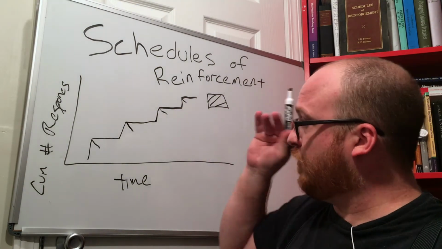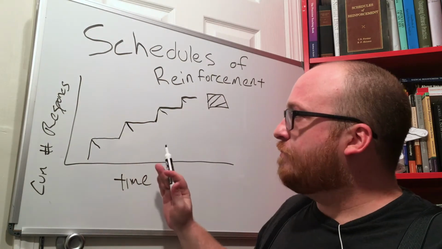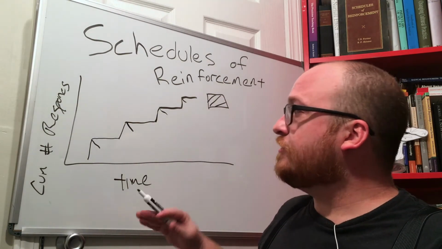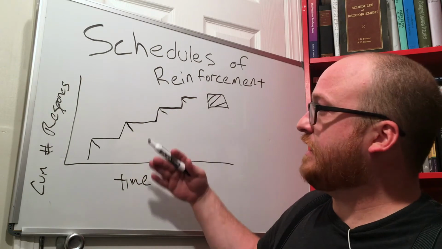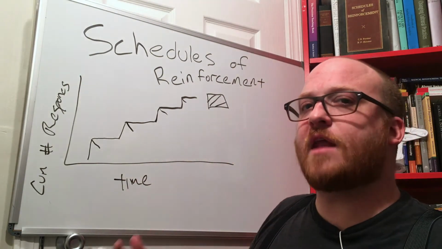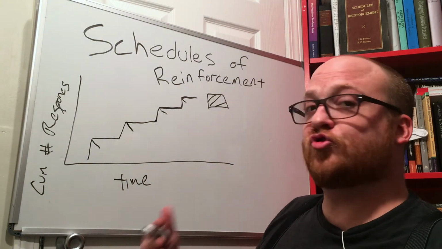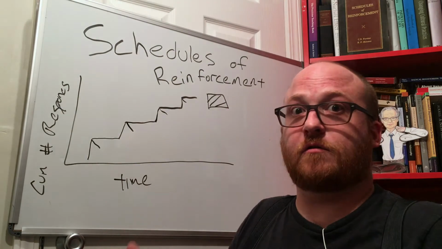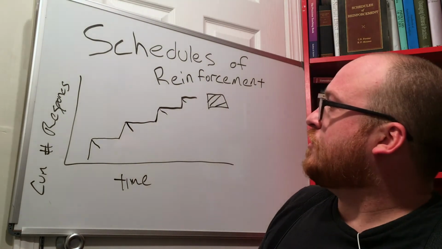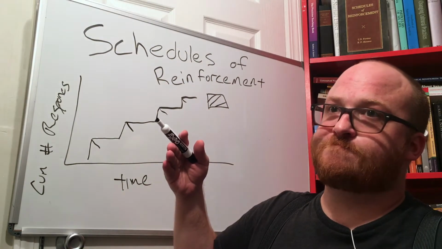We have our fan fold here so we can see how long post-reinforcement pauses are, due to the ability to read how far in time based off the x-axis. So it gives you a lot of information, and you can really see what happens during a session or during the experiment.